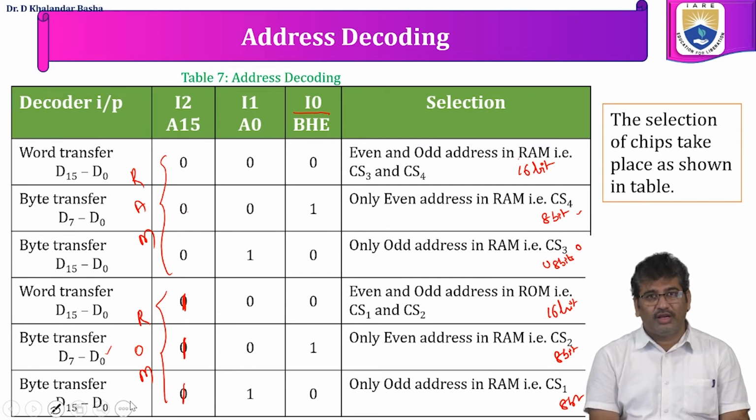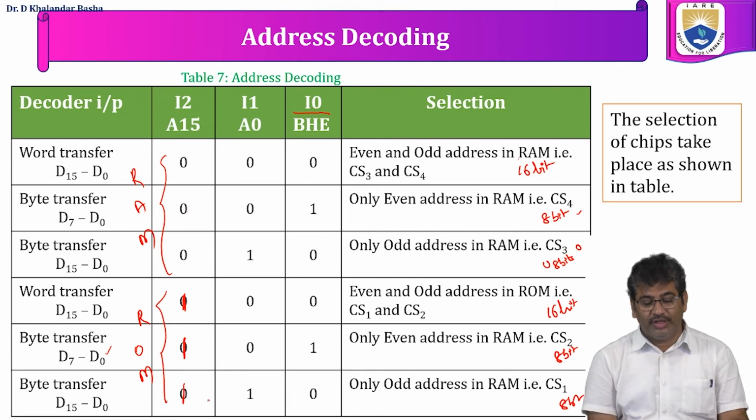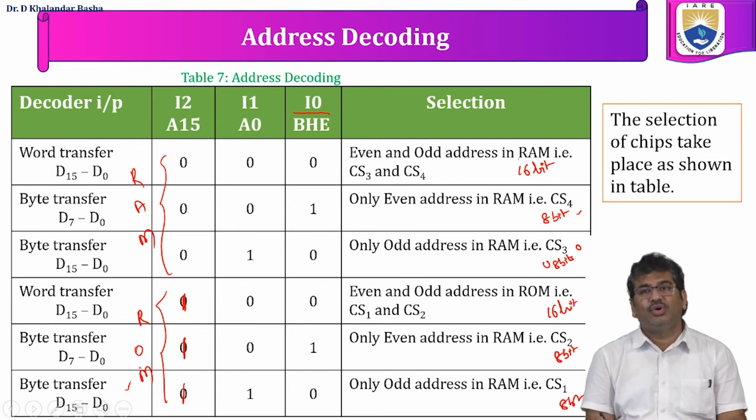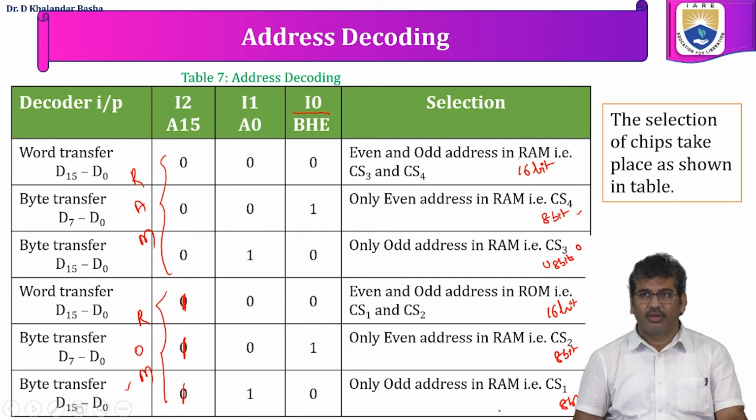For lower 8 bits transferring, we have to give the pins A15 A0 BHE bar as 110, which will give the byte transfer from the odd address. So only the odd address in the RAM is accessed by enabling block 1 with chip select 1. So this table shows how the selection of chips takes place.